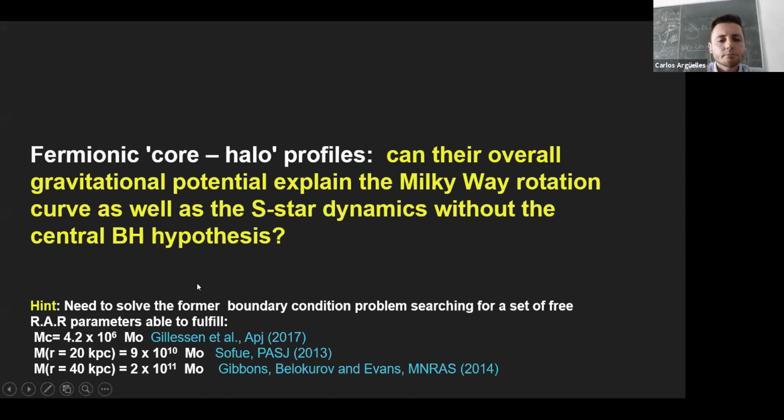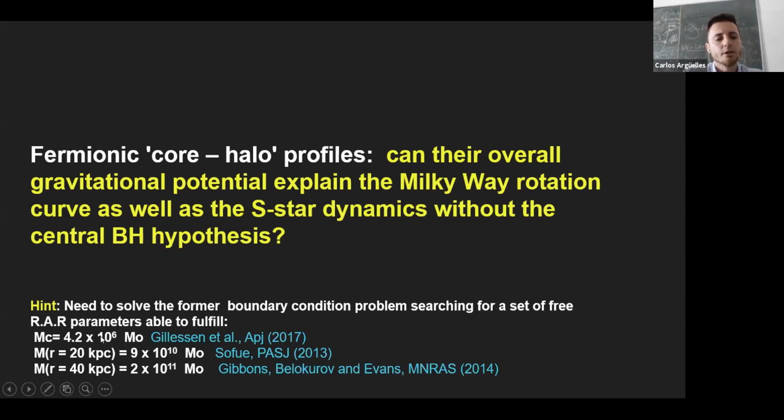And of course, a hint is that you have to solve the boundary condition problem, fixing these known values from observations, which you can fix at the center, the core of this dark matter.